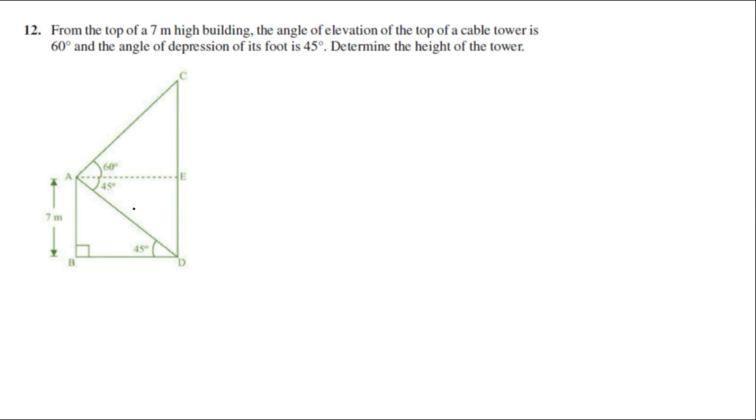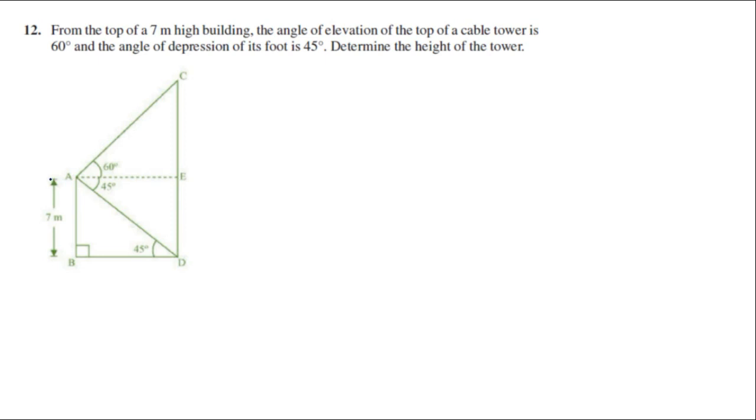Question number 12. From the top of a 7-meter high building, the angle of elevation of the top of the cable tower is 60 degrees and the angle of depression of its foot is 45 degrees. Determine the height of the tower.